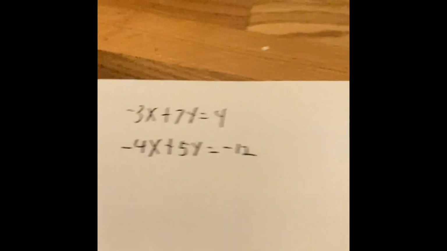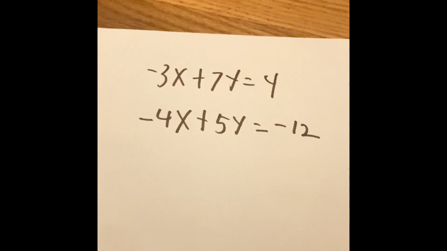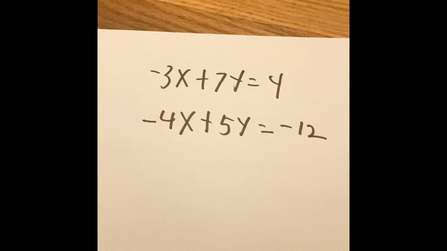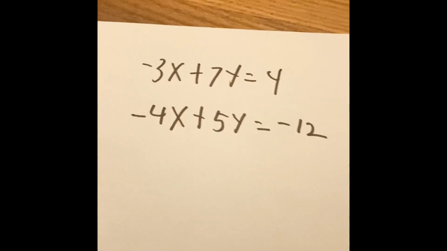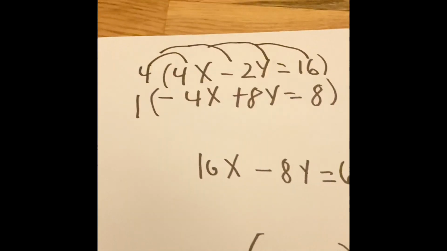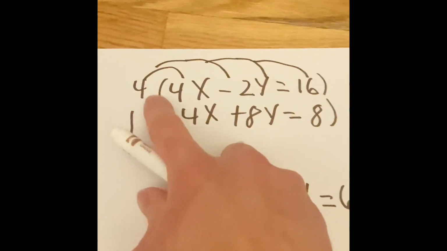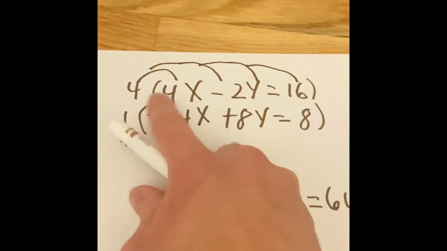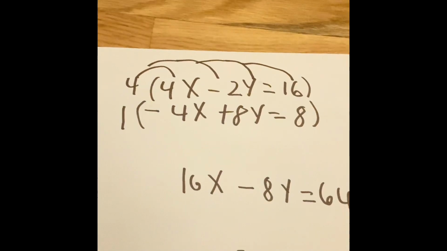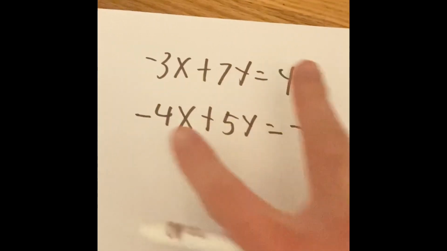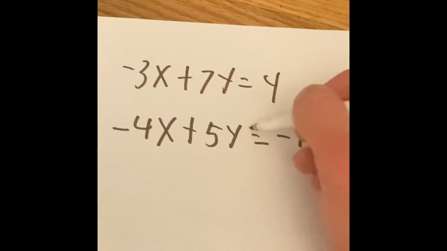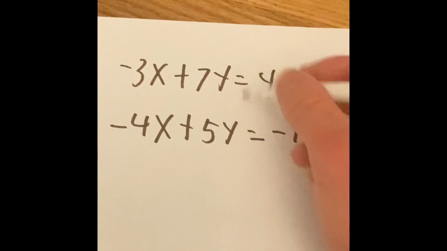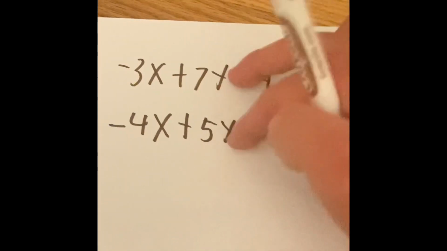We have negative 3x plus 7y equals 4 and negative 4x plus 5y equals negative 12. Just like in this one, instead of multiplying by 4 for the entire equation, we have to multiply both equations, because 7y and 5y are not the same, and they're not opposites of each other.